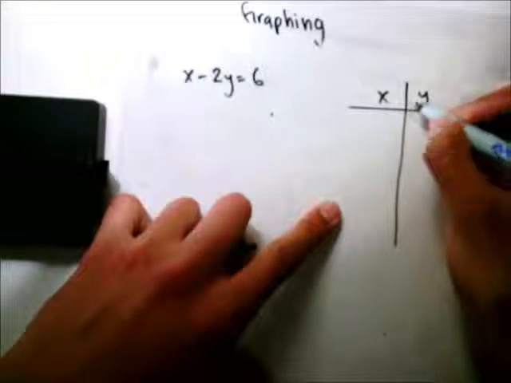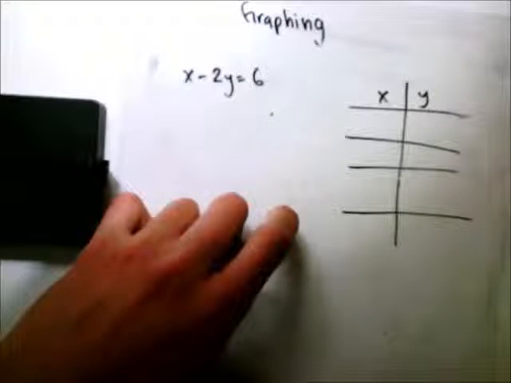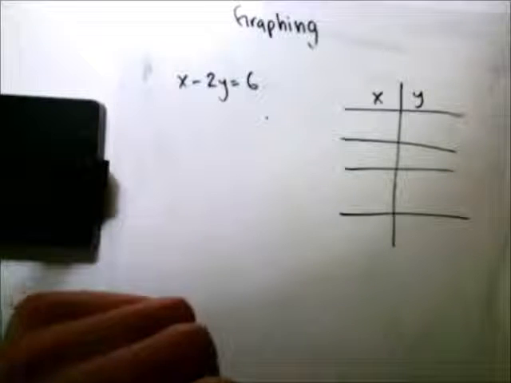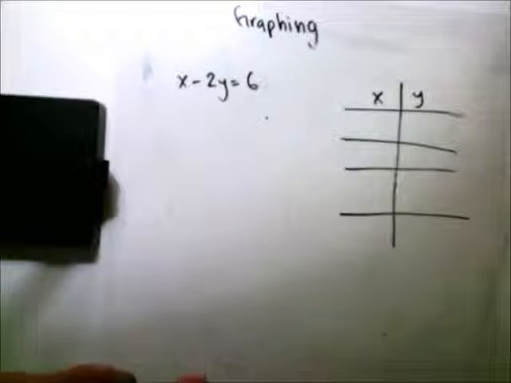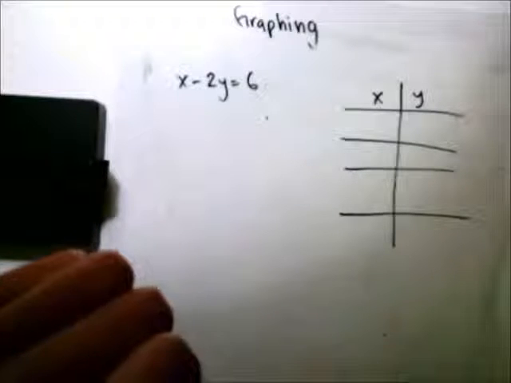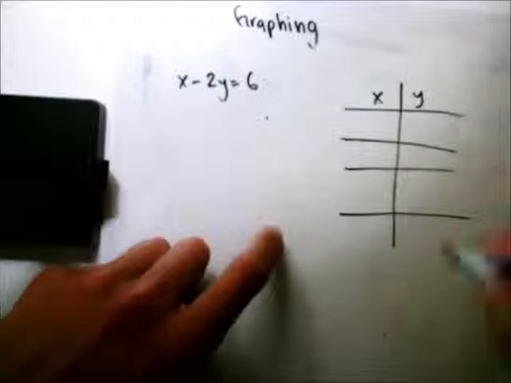So we're going to have an x and y table. For an equation, ideally, we only need 2 points to construct a line, but for this case, we'll look at maybe 3 or 4 points.